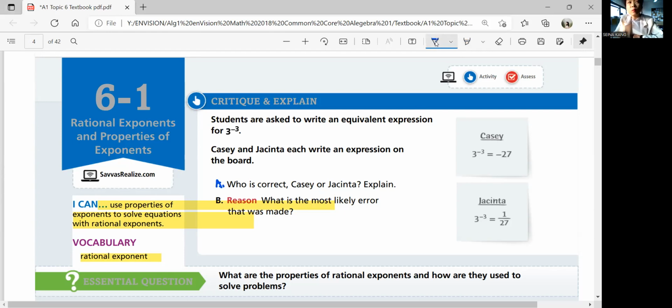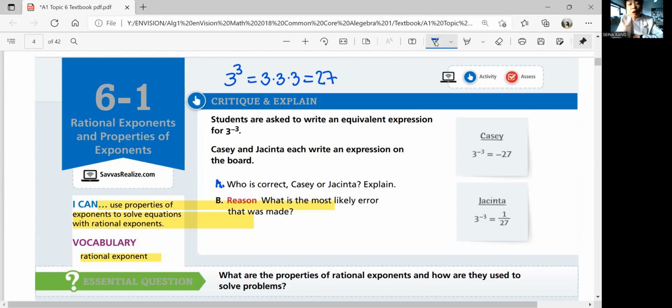What are the things that you already know that look similar to that? You know powers, right? 3 to the third power. What is 3 to the third power? That means you multiply 3 times 3 times 3, and so that's 9 times 3, 27.